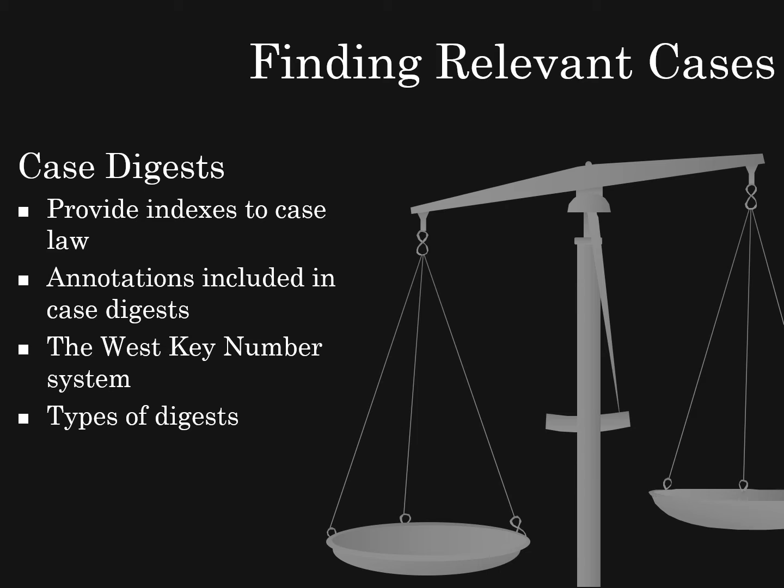A lot of this you're not going to be able to visualize until we are actually in the library and I can show you these resources, and that will come in research and writing. So there are digests for every set of reporters.